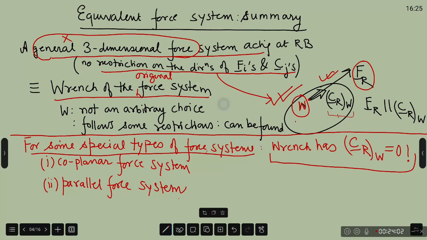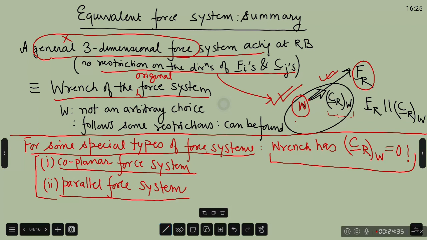It means that the simplest force system will have just one single force FR acting at a special point W. That is possible for some special types of force systems. I gave you two examples of such special types of force system. One is the coplanar force system and the other is the parallel force system. At least in this course, we considered two special cases.